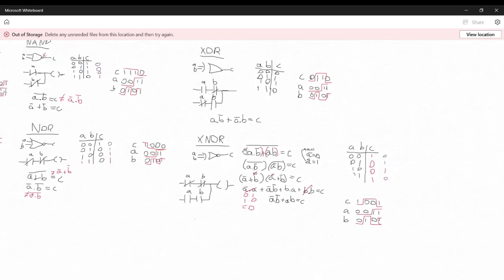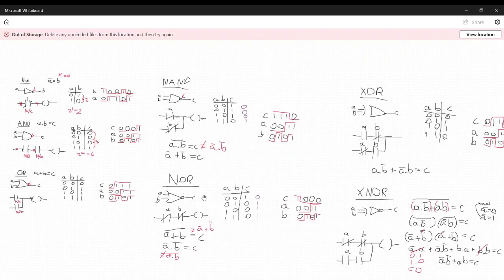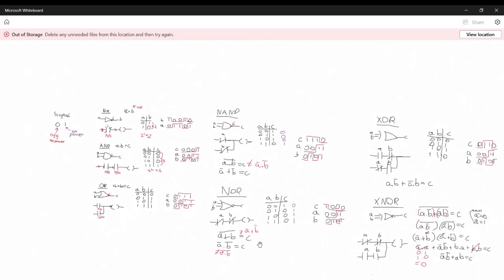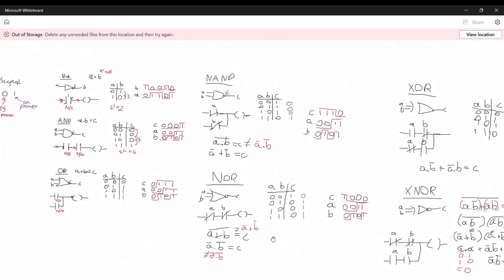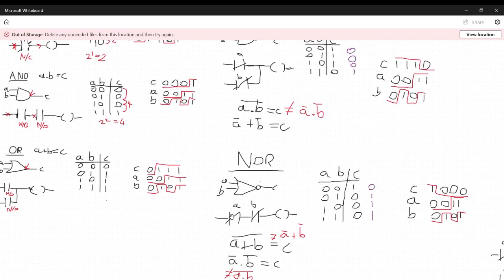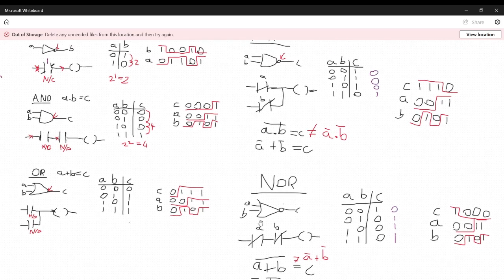Now, a key thing to note about these gates and logic gates in general is you might be given a formula, and then you'll have to draw the logic gate. So when they say draw a logic gate, they don't want you to draw the switches. They want you to draw this.